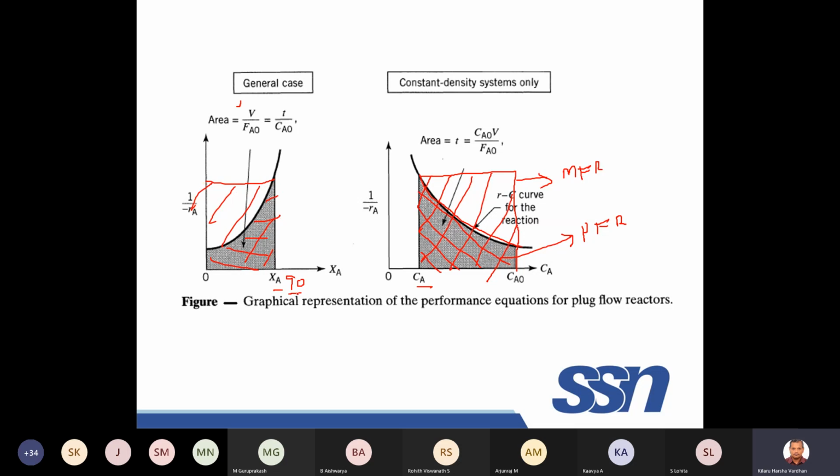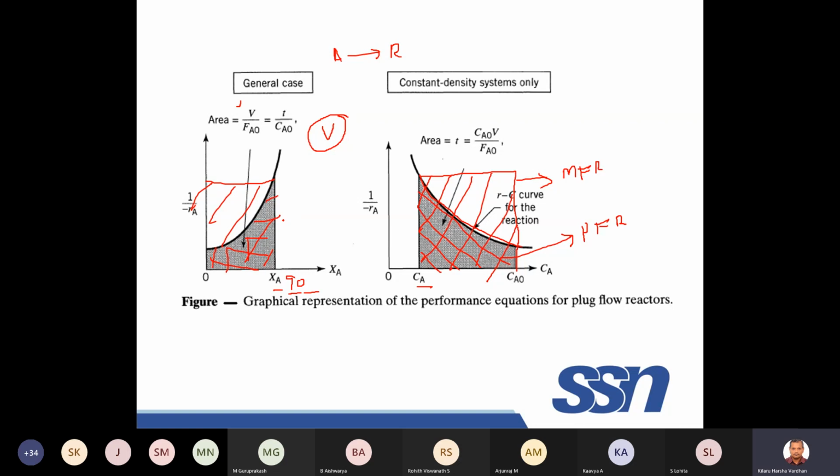So for a 90% conversion, if you are assuming A is giving some R, and you want 90% conversion, here in the MFR you get some V. If the same reaction is happening in a PFR, you can get this 90% conversion with a lesser volume than that of the MFR, because you can see here.